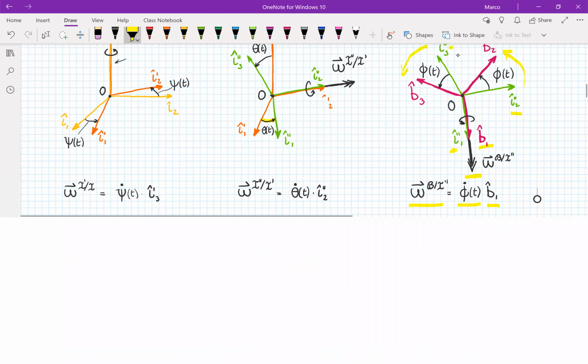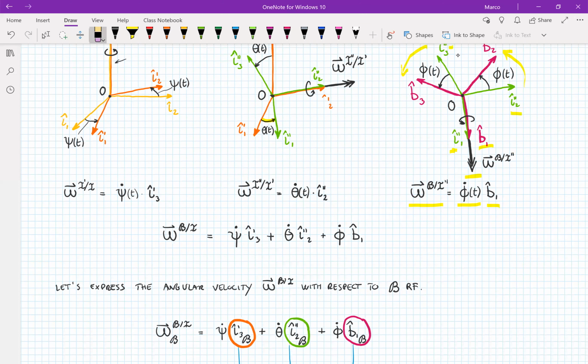So now we've found an expression for the three intermediate rotation rates. So if we sum up these three contributions as per the rule of relative velocities, we find the overall angular velocity of the body frame of reference B with respect to the inertial frame of reference I.